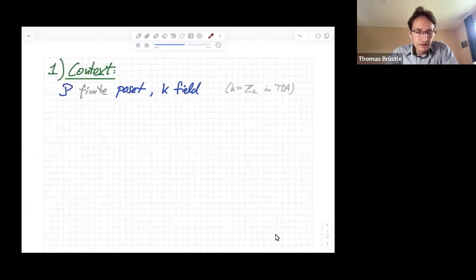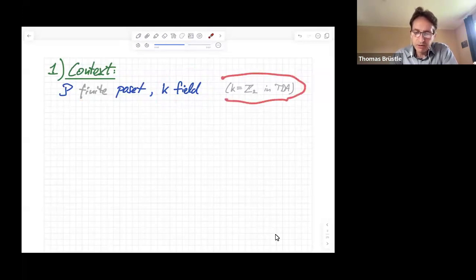As for the context, I consider a poset, a partially ordered set P. Most of the time, my posets will be finite because I come from finite dimensional algebras. We consider representations over a field K. I was traditionally considering algebraically closed fields, however, you can allow any field in that context.